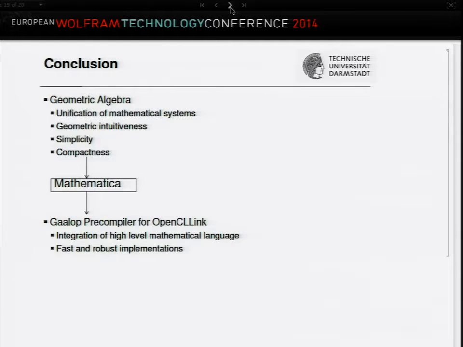It is simple and very compact. And for Mathematica, based on our precompiler, it is now possible also to use geometric algebra for OpenCLLink and benefit from fast and robust implementations.